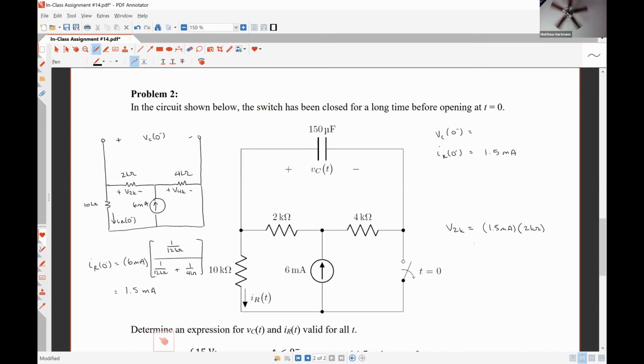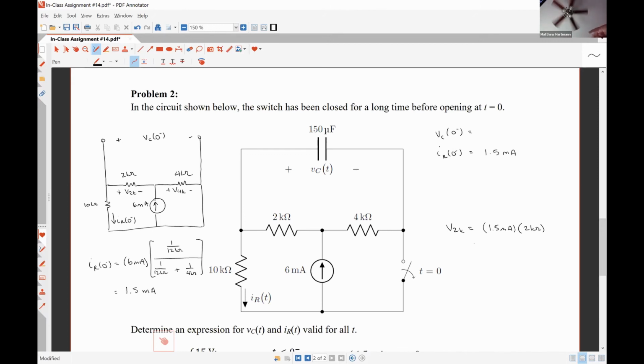I've intentionally made a mistake here. What is it? Would it be 12 kilo ohms? No. Because we're looking for the voltage drop over the 2 kilo ohm resistor explicitly, it will be 2 kilo ohms.